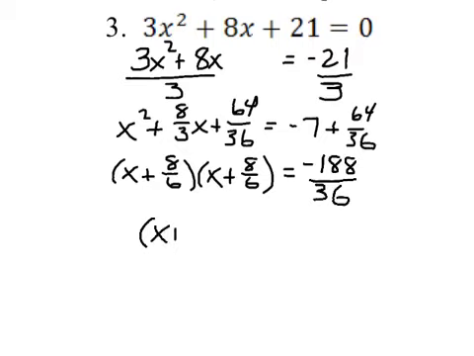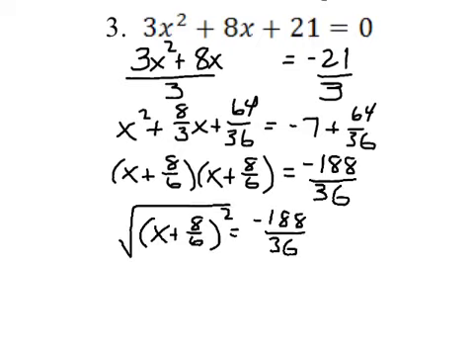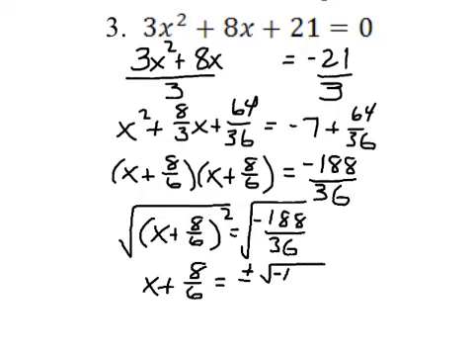So x plus 8/6 squared equals negative 188 over 36. Let's square root. Okay, so I get x plus 8/6 equals plus or minus the square root of negative 188 over 6.